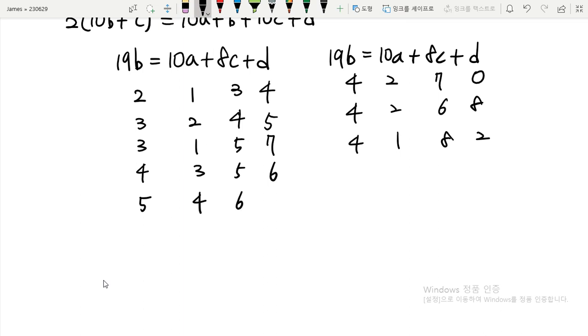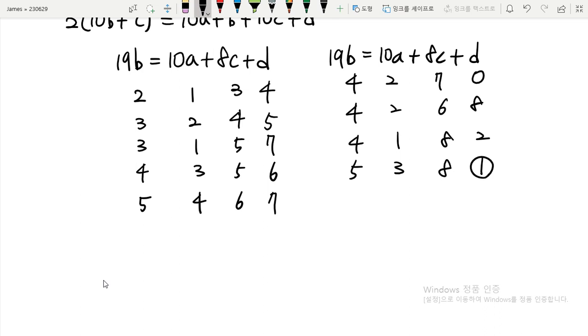How about 5 and 3? B is 5 and A is 3. Yeah, 8 and 1. 8 and 1.